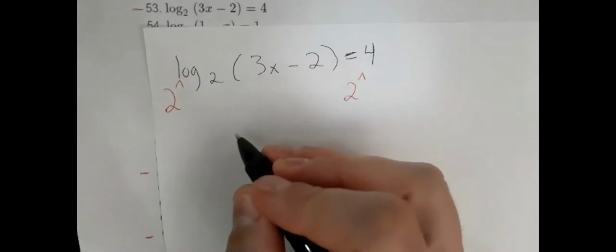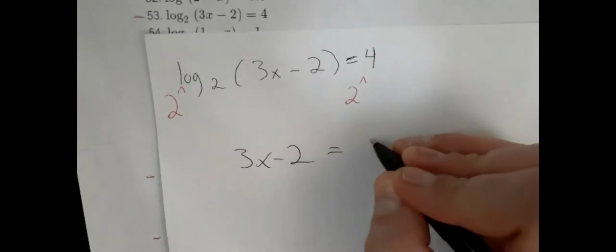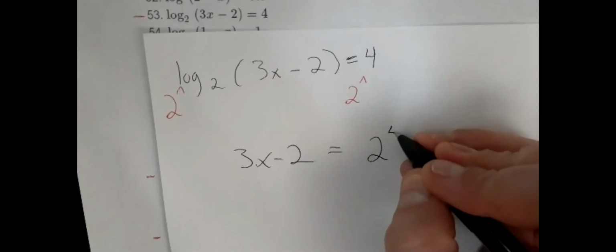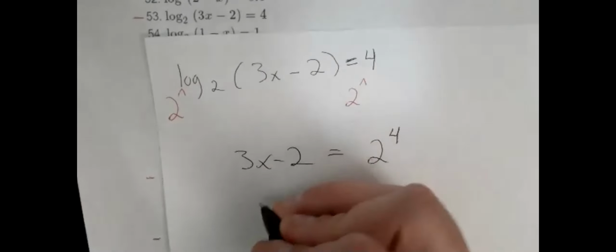Okay, so what am I getting out of this left side over here? I'm getting the 3x minus 2 out of this left side. On this right side, I have 2 to the 4th. 2 times 2 is 4, times 2 is 8, times 2 is 16. So 2 to the 4th we can crunch as a number, it's just 16.